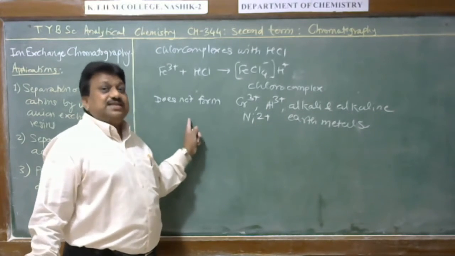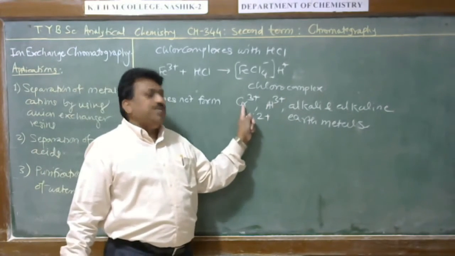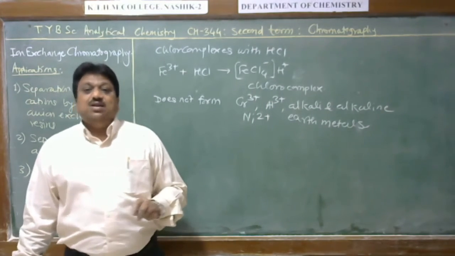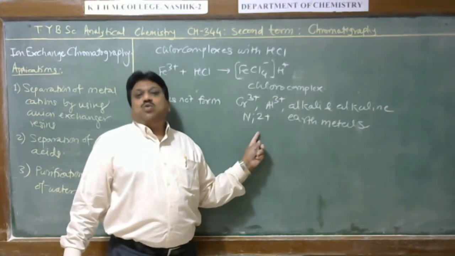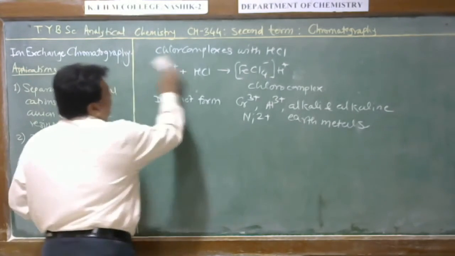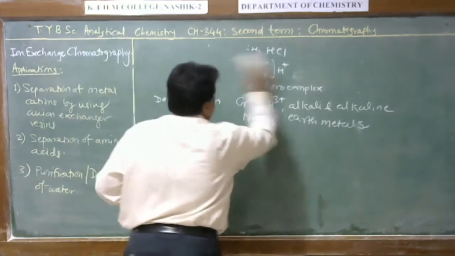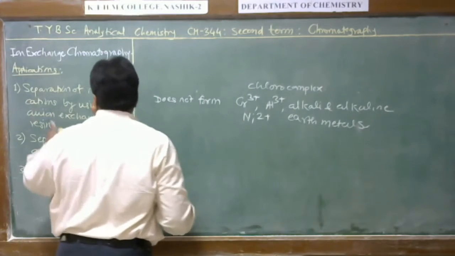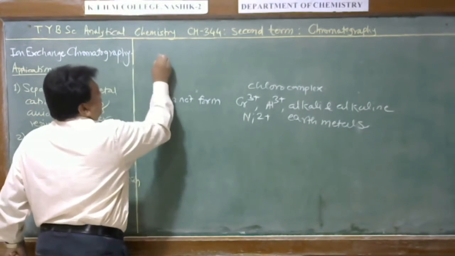This property is useful for separation of chromium, aluminum, nickel and alkaline earth metals from other metals which form the chloro complex. Now we discuss how this application is performed by using an anion exchanger resin.